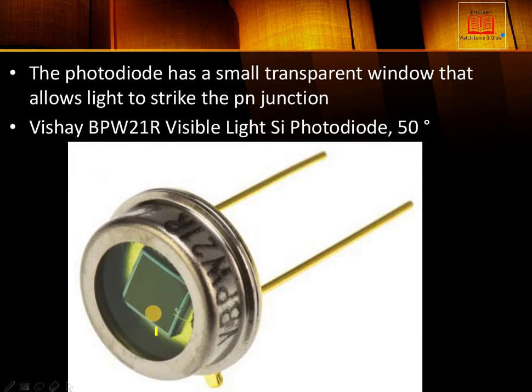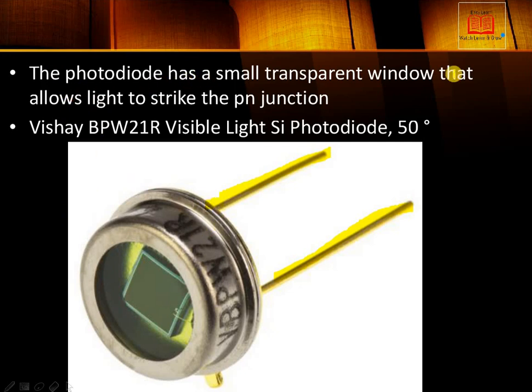You can see that very good glass with maximum transparency is used, and this is the Vishay BPW21R visible light silicon photodiode. This is the anode, a little bit longer in length, and this one is a little shorter. Some photodiodes also have 3 legs, depending upon different configurations, shapes, manufacturer designs and our purpose.